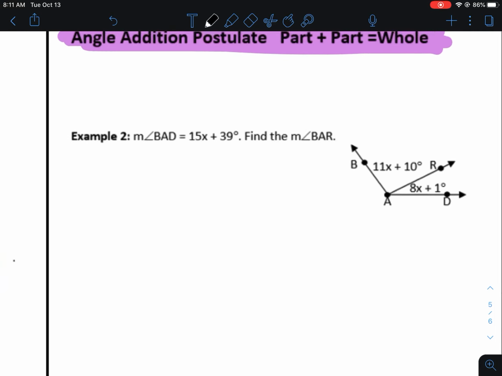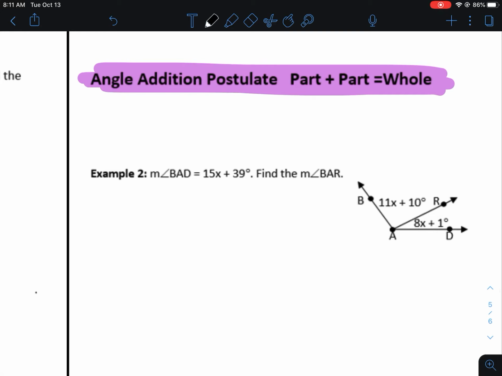Example 2. So we have these two parts here. All right, so we see, let's see, I'm gonna go ahead and get my highlighter ready. So the measure of angle BAD, okay, so that's going to be BA, I'll put that on the outside, BAD.